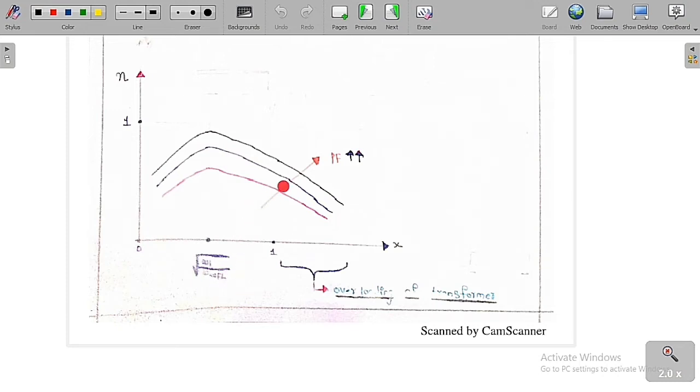If you increase the power factor, this graph shifts upward, but the maximum point is always at the same X. If you increase the power factor of the load further and further, the efficiency at the maximum point increases.